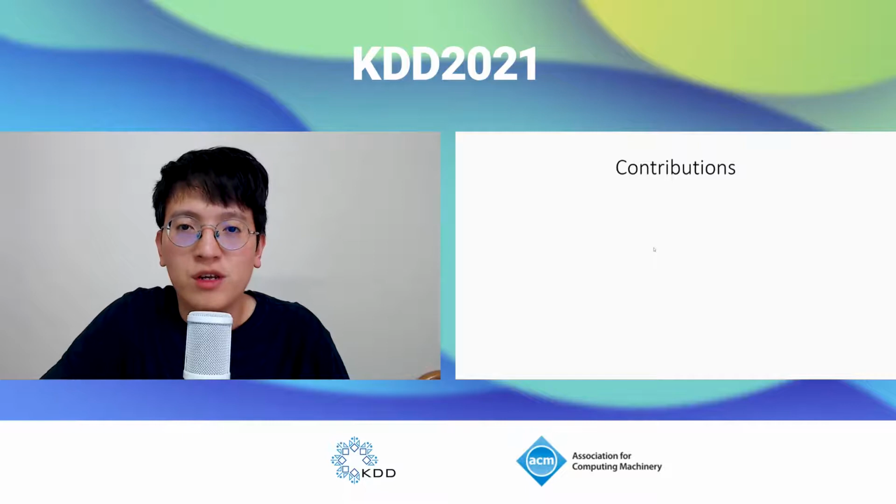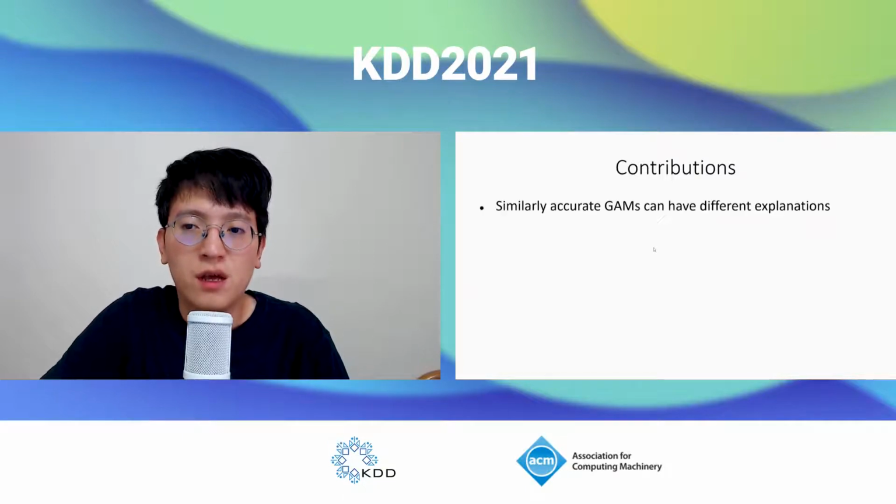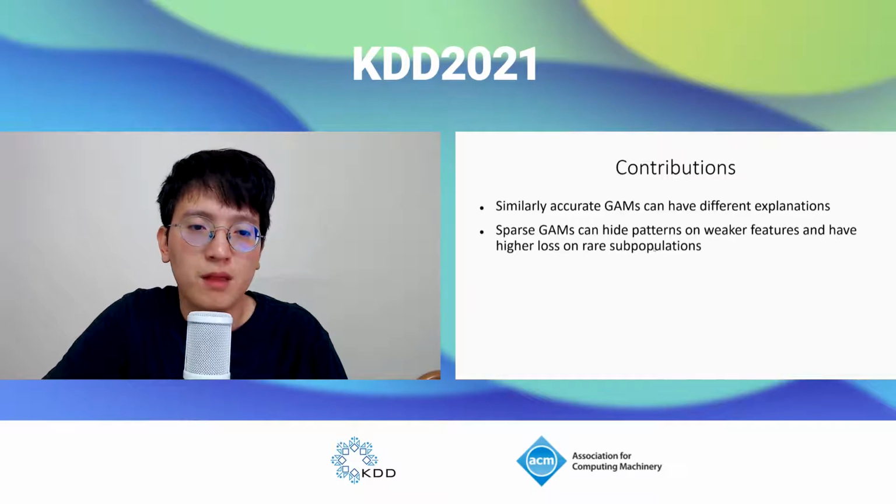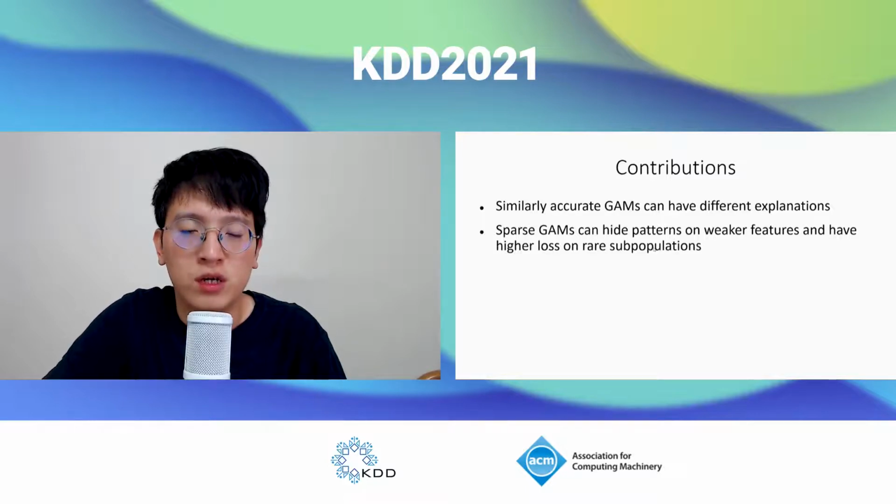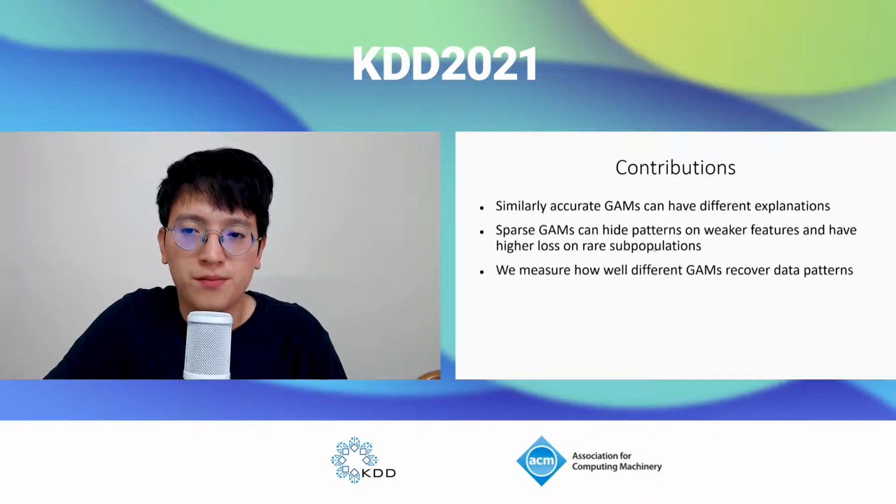Our contributions are listed as follows. First, we show that similarly accurate GAMs can have different explanations, highly affected by their own inductive bias. Second, sparse GAMs, which means GAMs that only use a few important features to make predictions, for example like an L1 penalized model, can hide patterns on weaker features and incur higher loss on rare subpopulations.